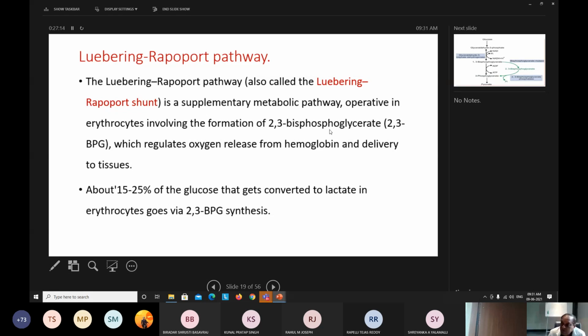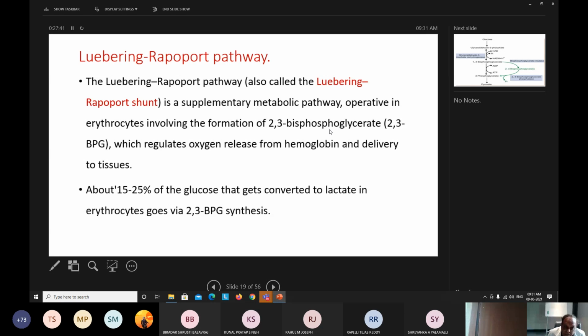And second, when persons are at high altitude, where they feel short of oxygen, this bypass or supplementary pathway takes place, and its main aim is to make oxygen available very easily.